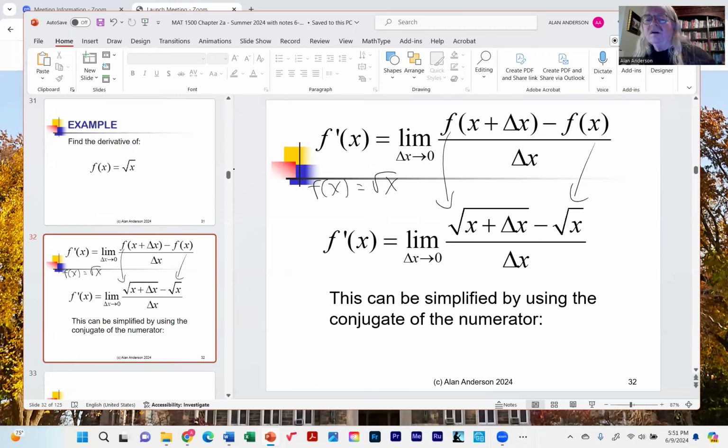So you might remember that word conjugate. Something like these two terms are conjugates of each other because they only differ by the sign of the second term.